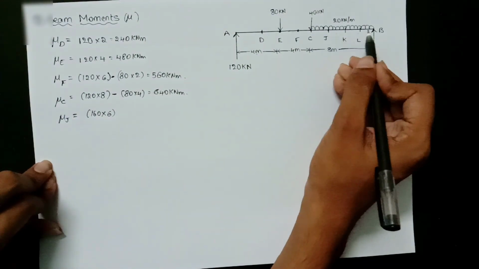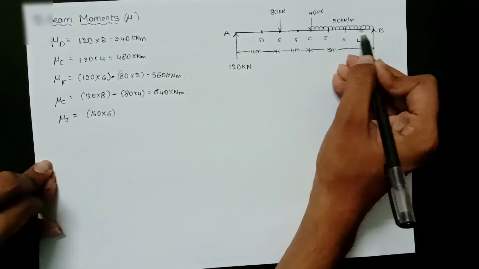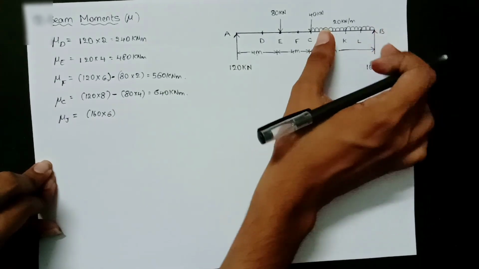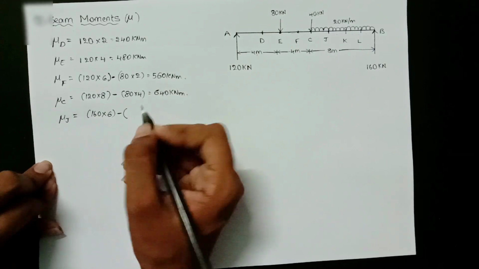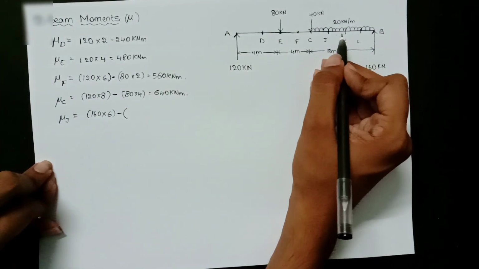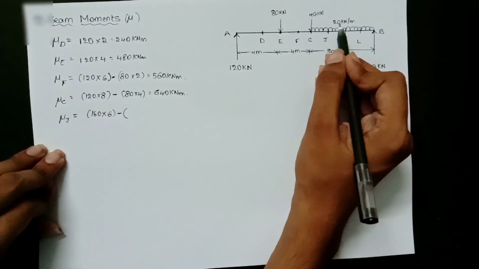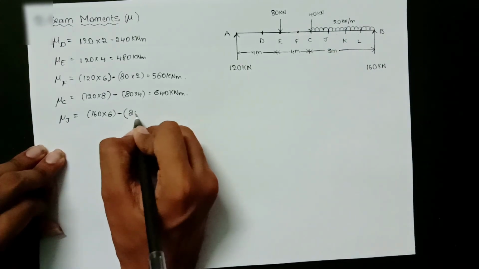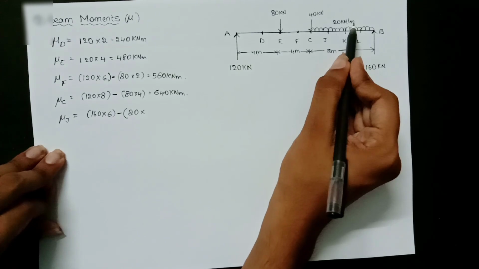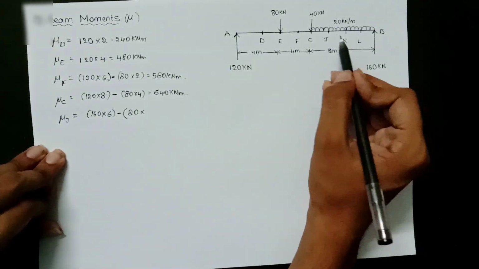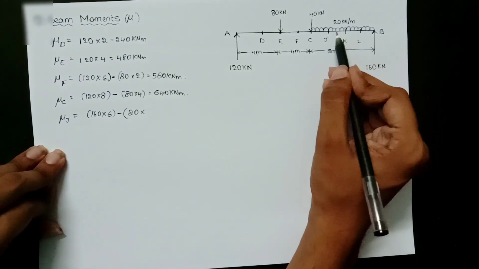Next we have the UDL load. This load is moving the beam in the downward direction, that is hogging moment, so it will be negative. For UDL loads, the moment is taken by the load intensity, that means 20 kilonewton per meter, into the distance over which the UDL is acting.